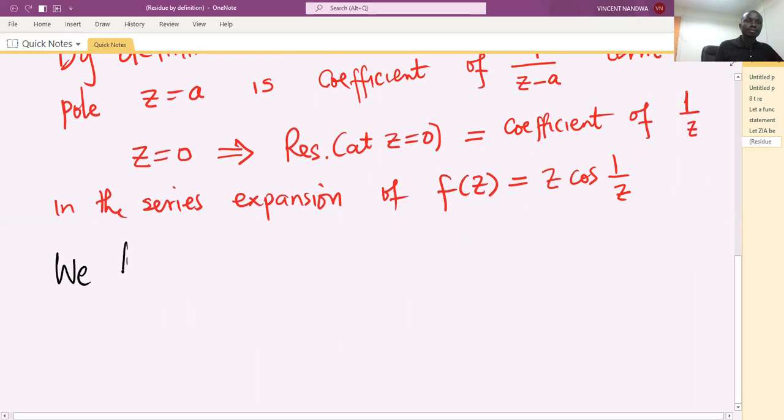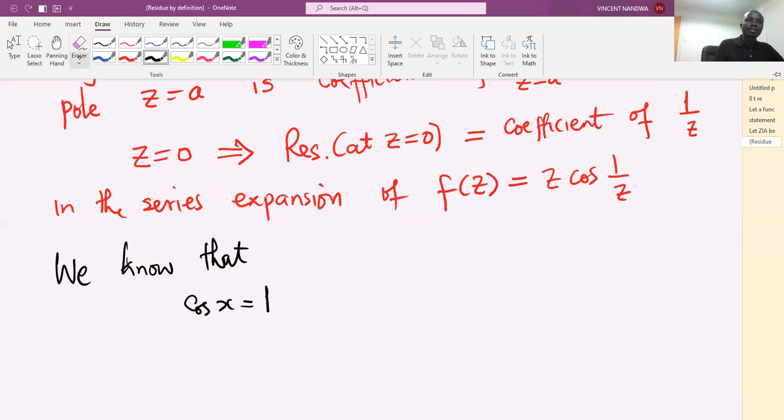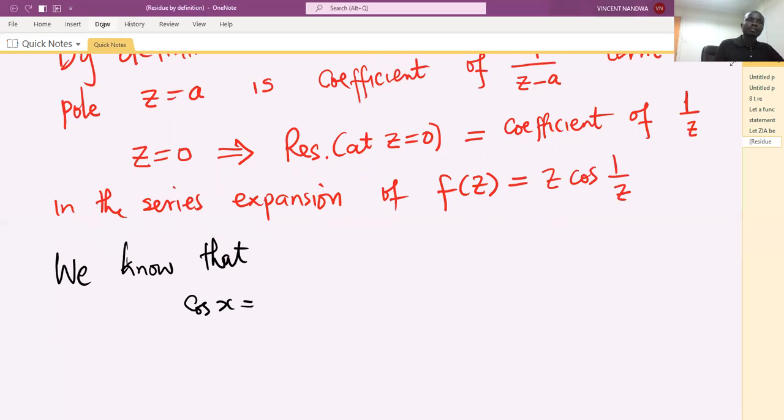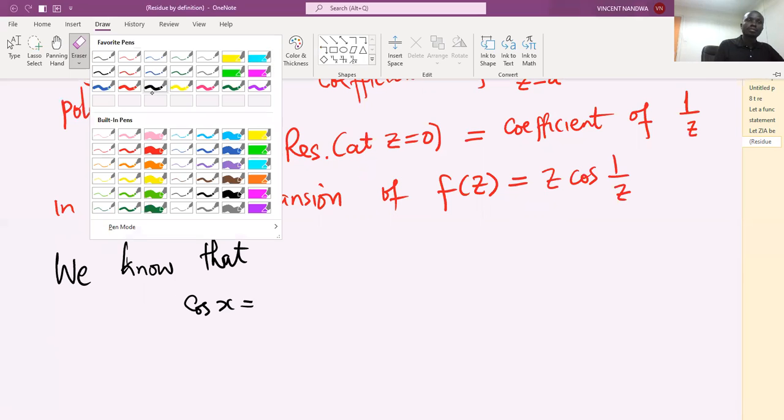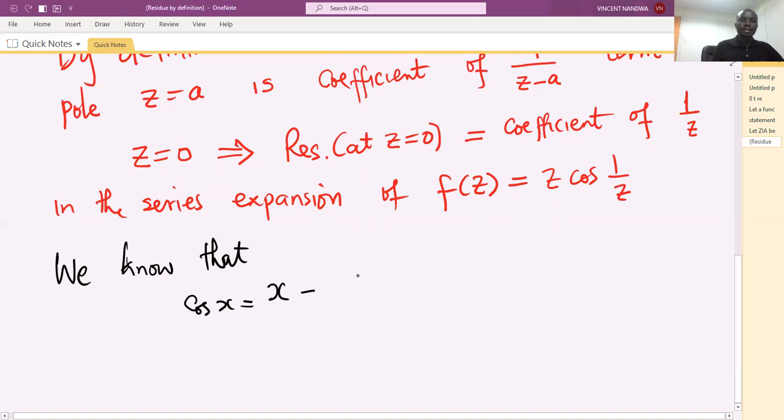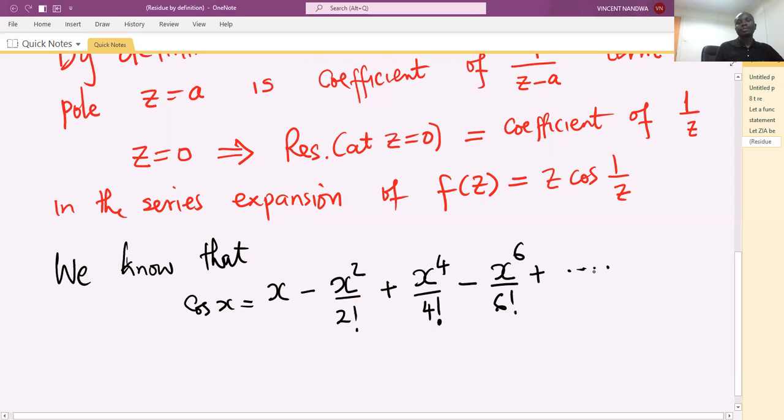So we know that the series for cosine of a function x is given by 1 minus x²/2! plus x⁴/4! minus x⁶/6! plus other several terms.